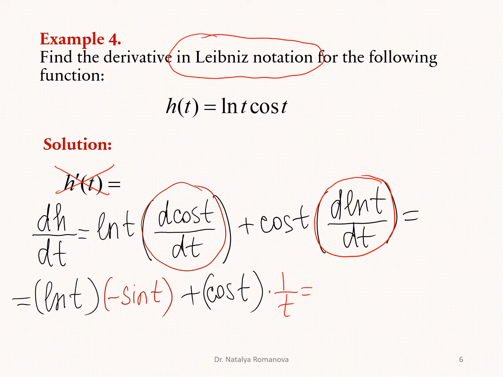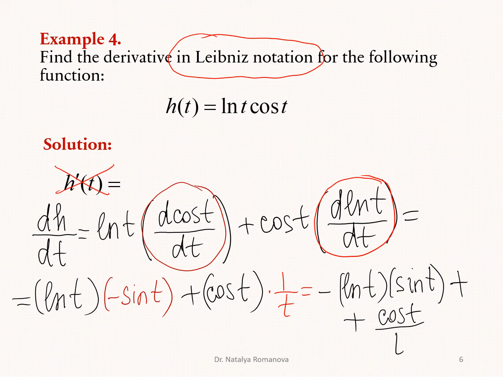Now we can write our answer: negative ln t times sine t plus cosine t over t. It is the derivative of the function h of t equals ln t times cosine t.